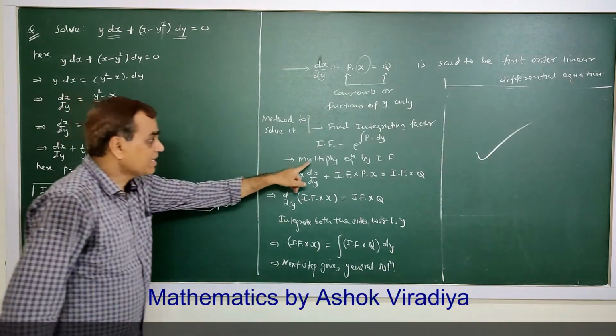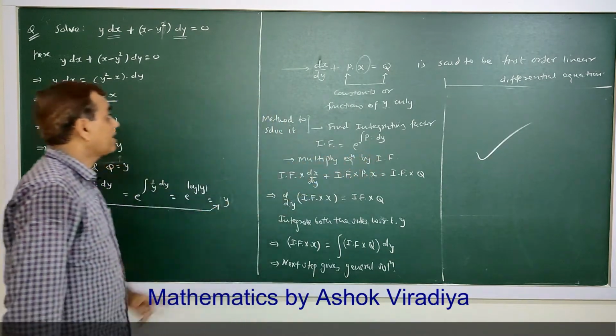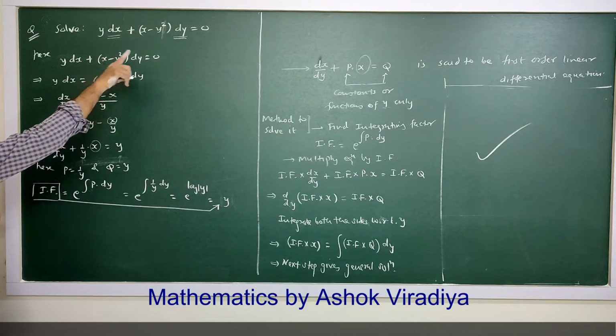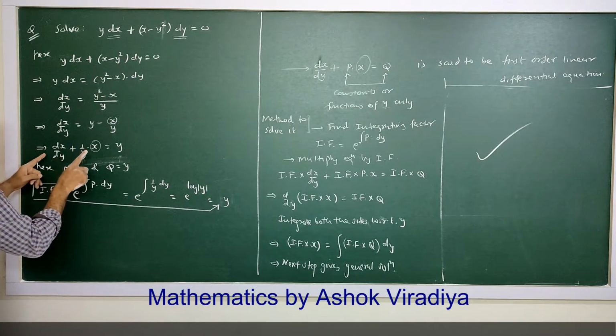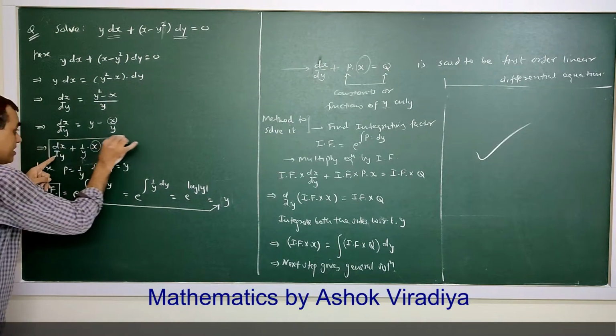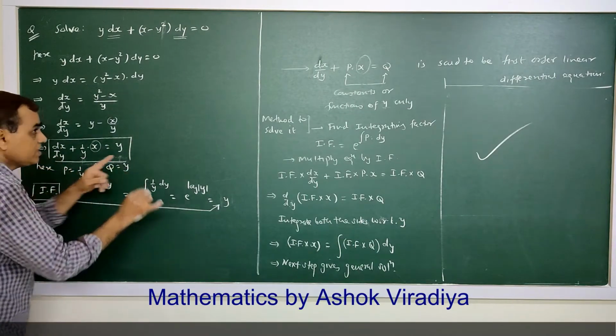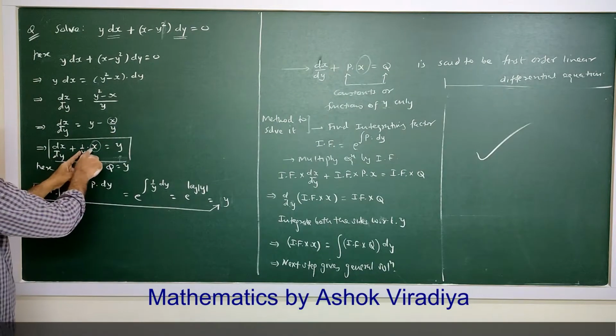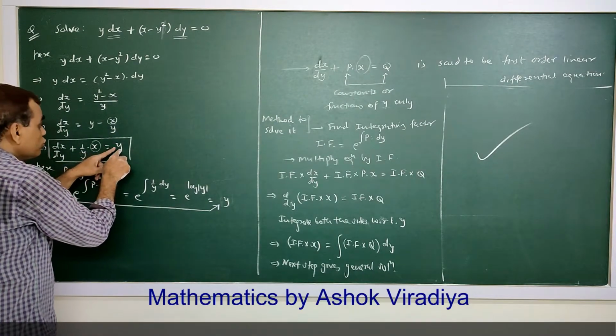Now we multiply the equation by the integrating factor. So which equation do we multiply? We multiply the standard equation. This is the standard form, dx by dy plus p(y) into x equals q of y.